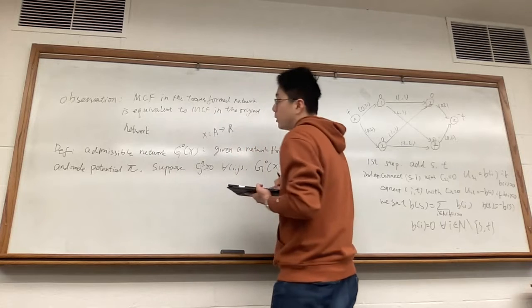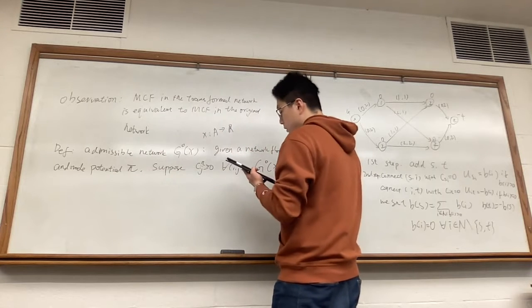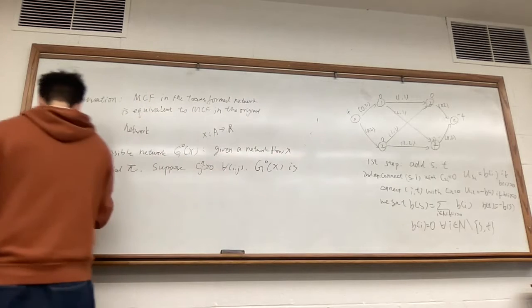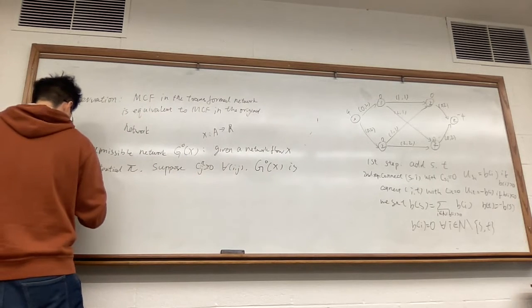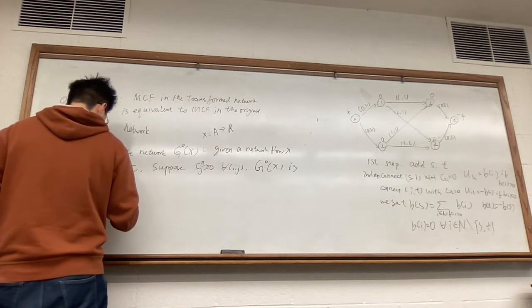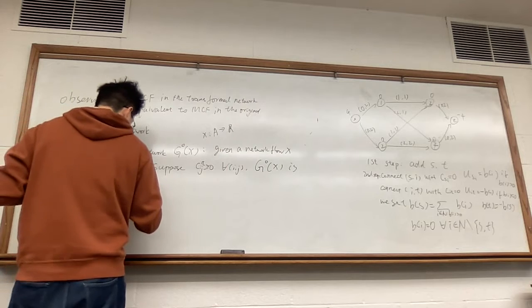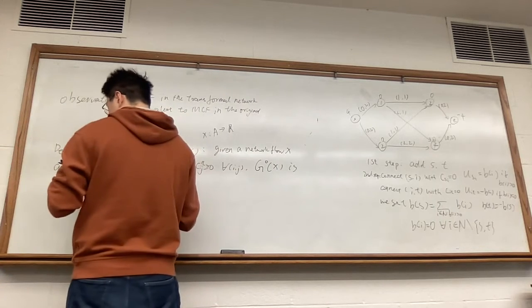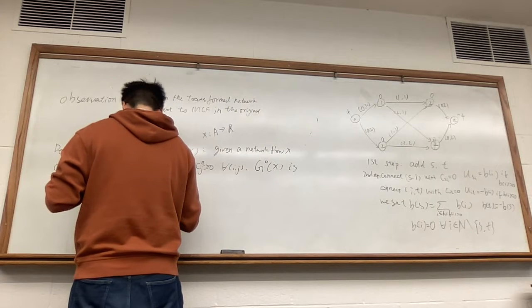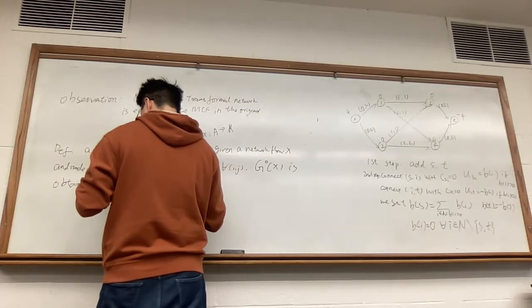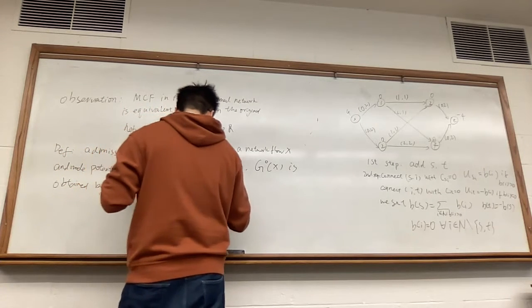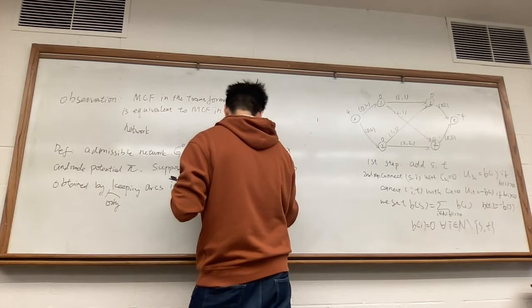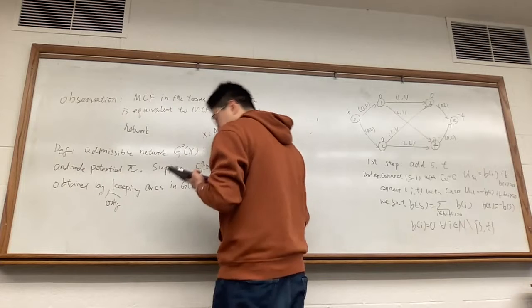And G0X, how do we obtain this admissible network? It is obtained by only keeping arcs in Gx with Cij pi equals 0.